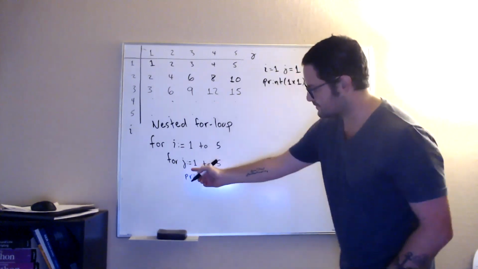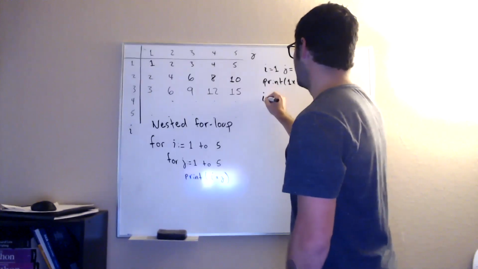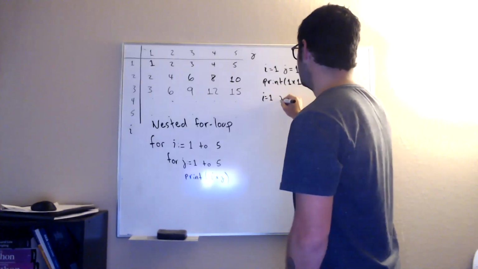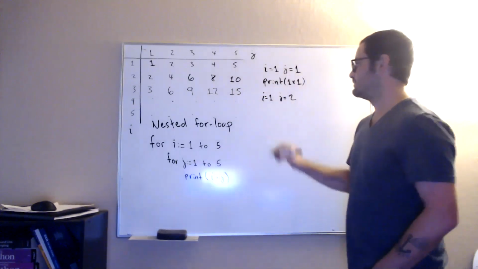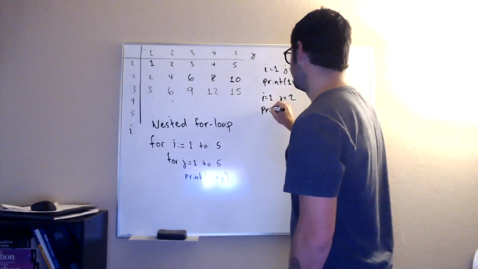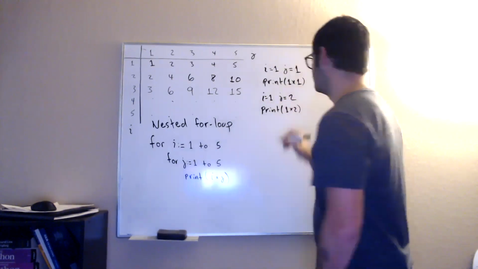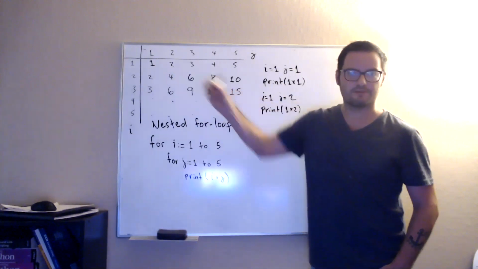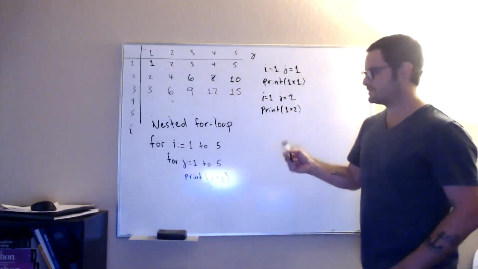But then we're still inside of this second for loop. So I is still equal to 1, and now J is going to increment to 2. So then we're going to print 1 times 2. That'll give you that entry there. But we still haven't reached 5 for J, so we have to keep on going.